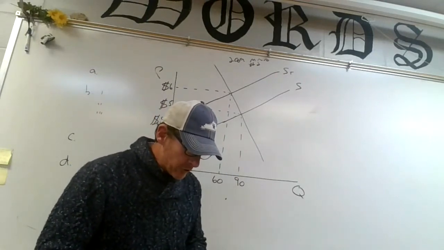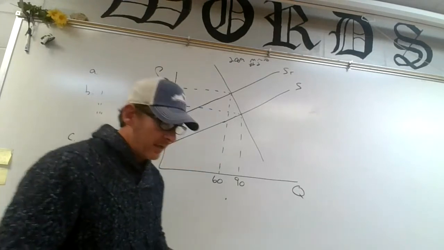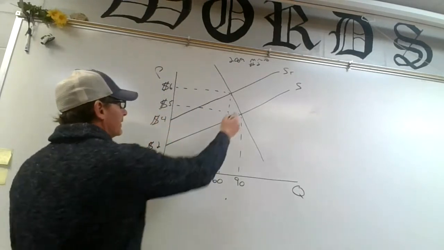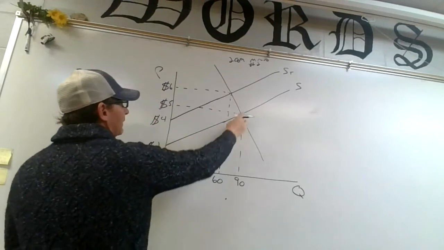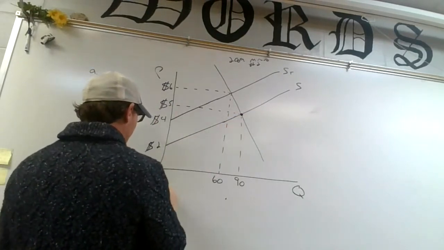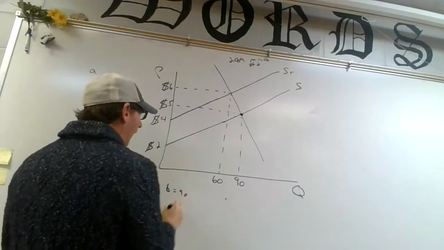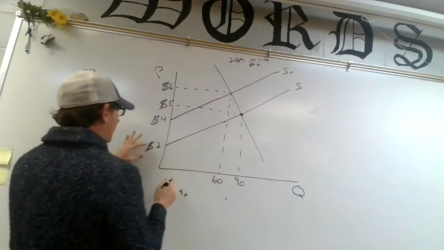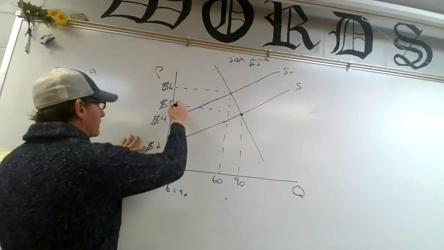Calculate the producer surplus before the tax. With no tax, here is where supply hits demand. The base is 90 and the height is 5 minus 2, which is 3.